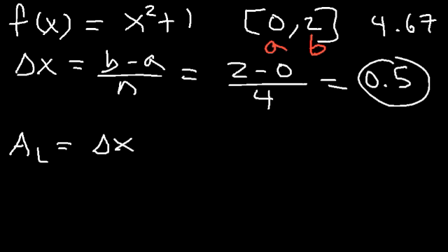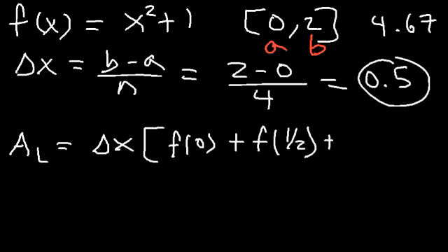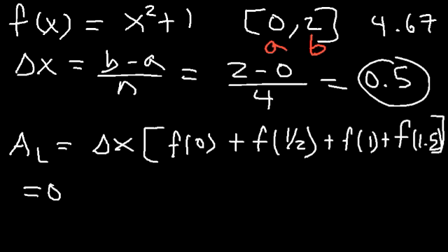So it's delta x times the sum of the height of each rectangle, starting from the left. So we're going to use 0, 0.5, 1, and 1.5, but not 2. So f of 0 plus f of 1/2, or 0.5, plus f of 1 plus f of 1.5. So we know that delta x is 0.5.